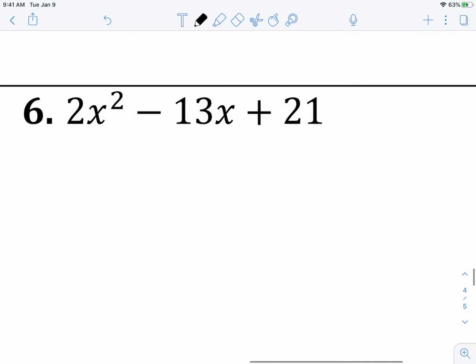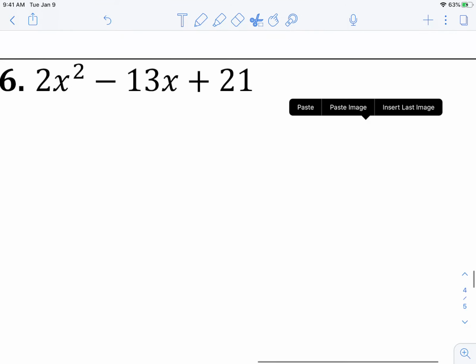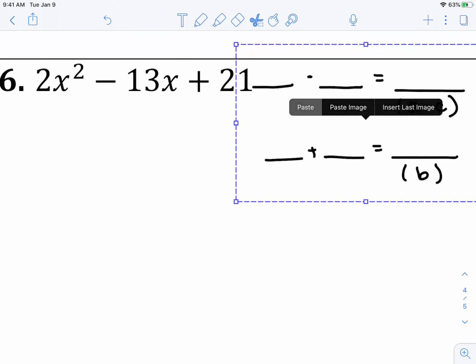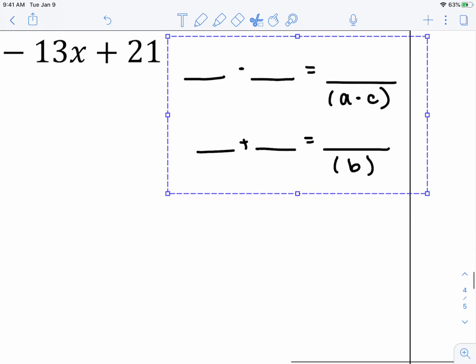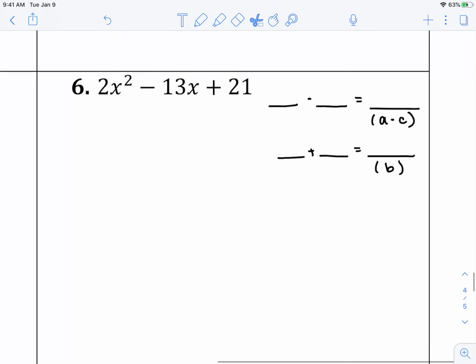Okay, and then the last one. Our a times c, so 2 times 21, is 42. And what they have in common is negative 13.